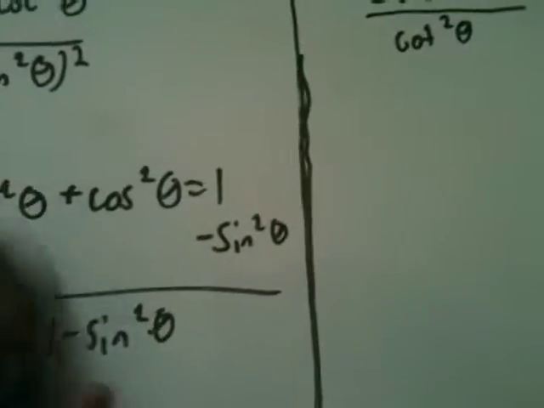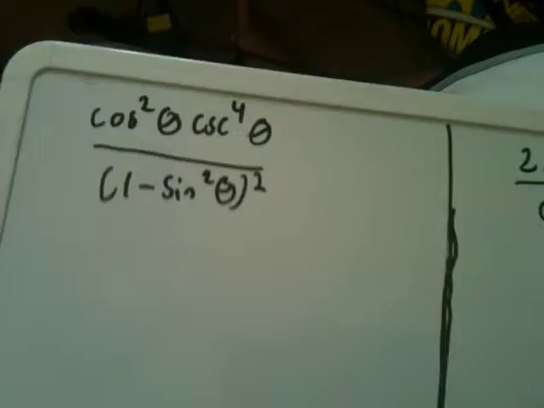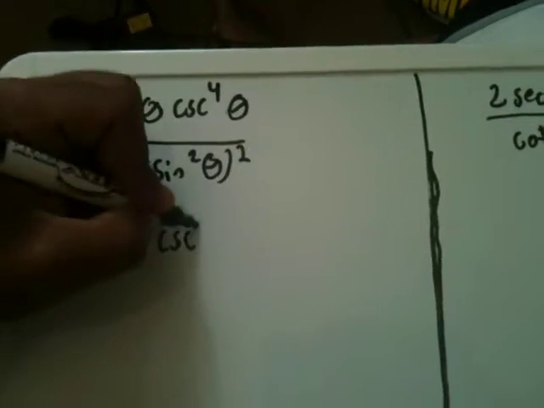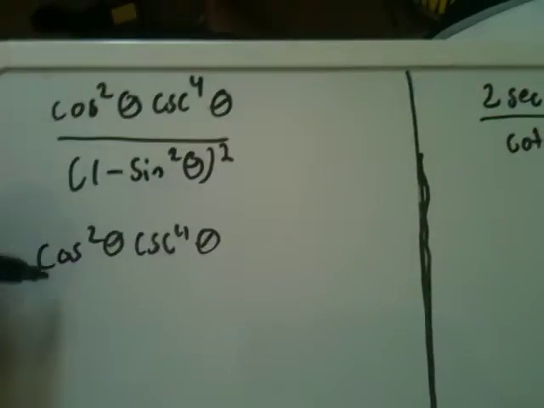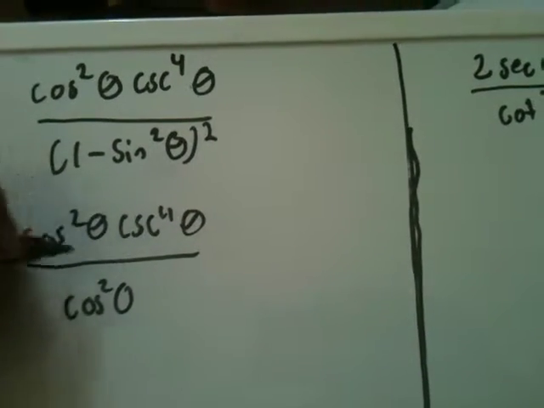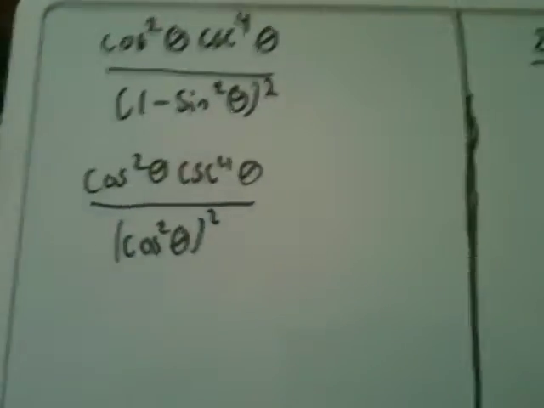So let me erase that so we have some room. So now that's a cosine squared. So it's a cosine squared of theta times a cosecant raised to the fourth of theta, all over cosine squared of theta, squared.